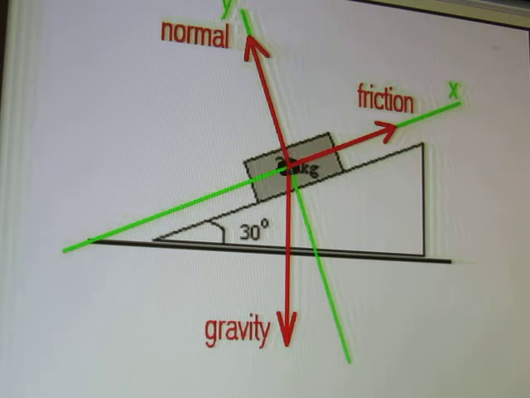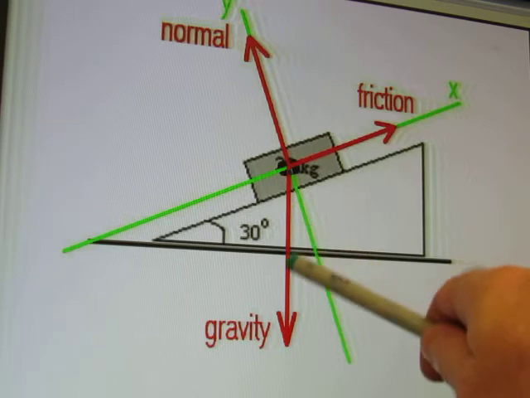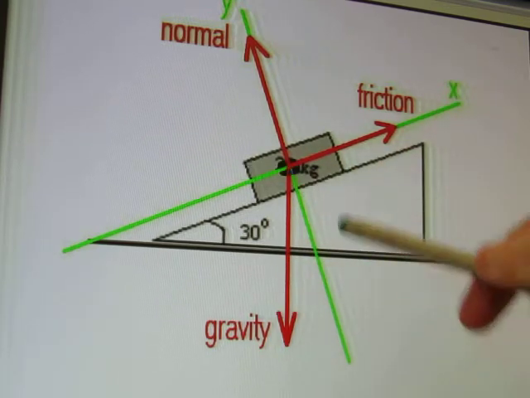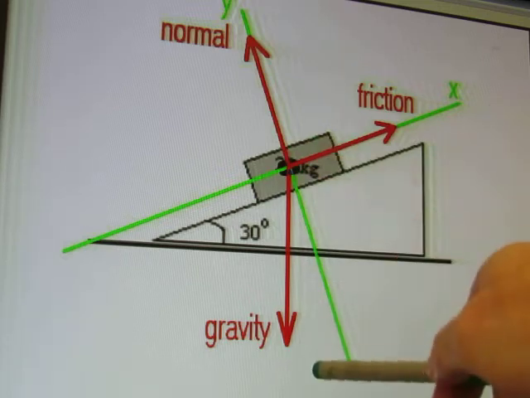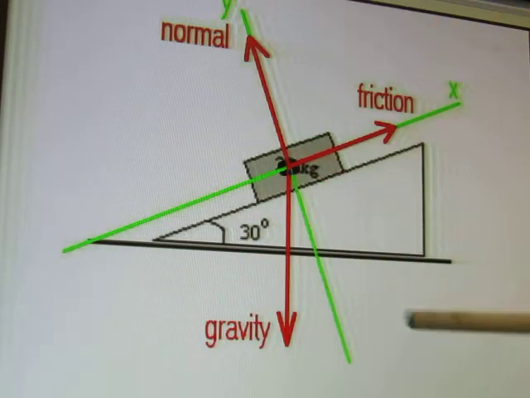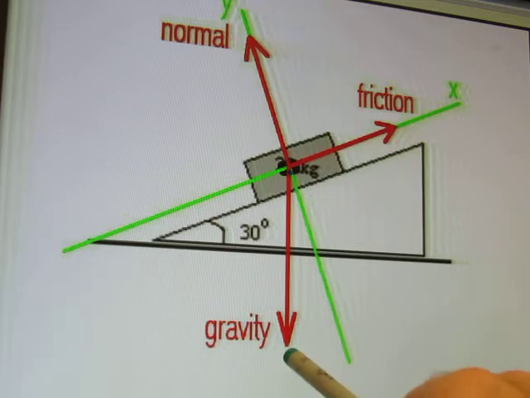So just by tilting the axis temporarily in our head, we actually only have one force that ends up being on an angle. And it's strange because it's actually not on an angle, it's directly down. But in the context of the way this axis is tilted, gravity would be the only force on an angle.